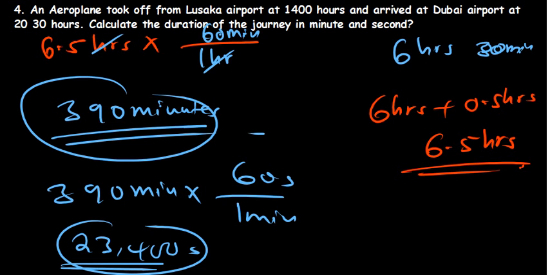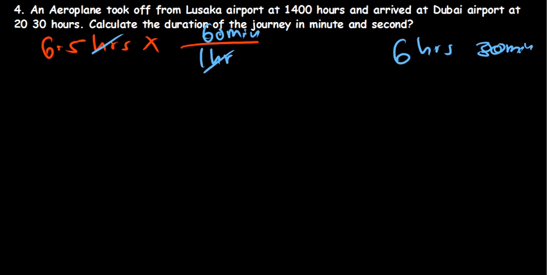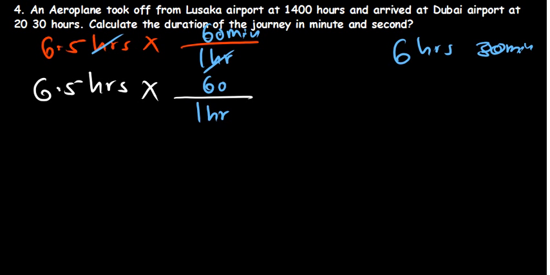If I want, I can come direct from hours to seconds. What I'm going to do now is say 6.5 hours times, in 1 hour I have 60 minutes, sorry.